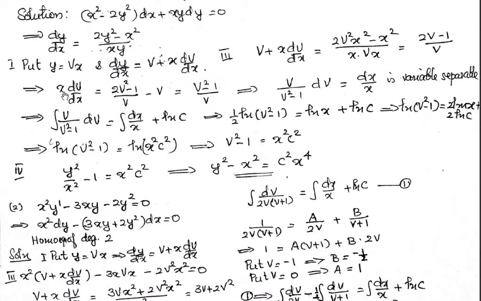So x dv by dx is equal to 2v square minus 1 by v, minus this v. Thus we get v square minus 1 by v.